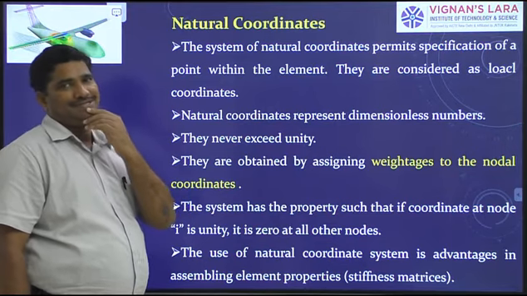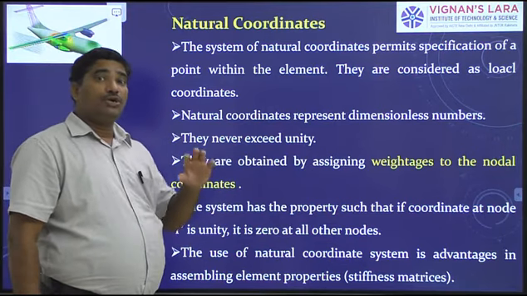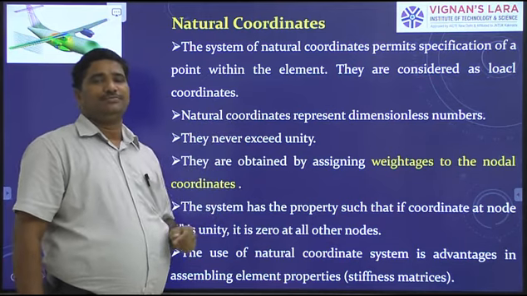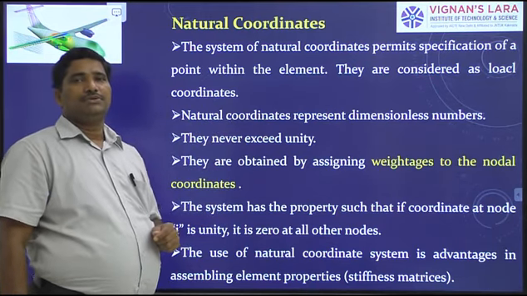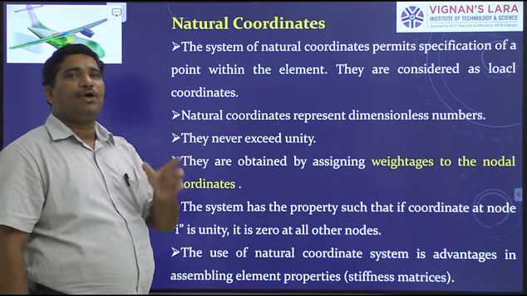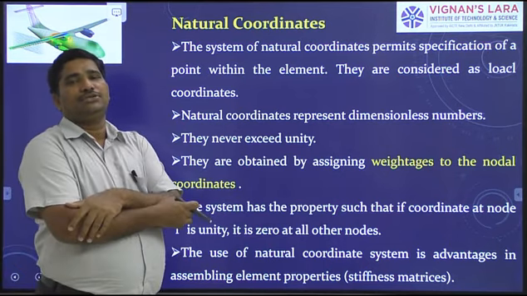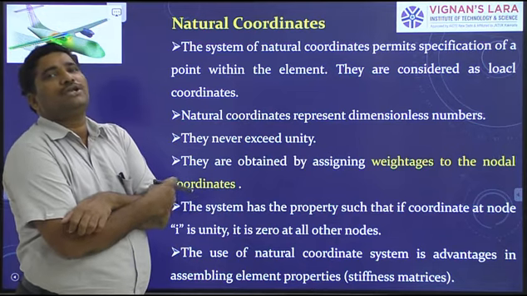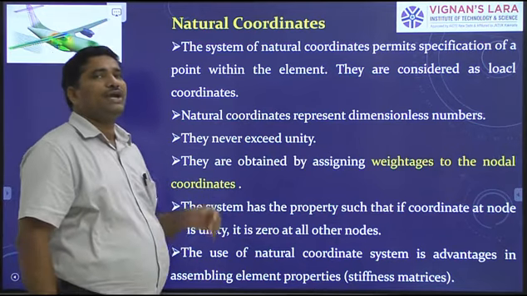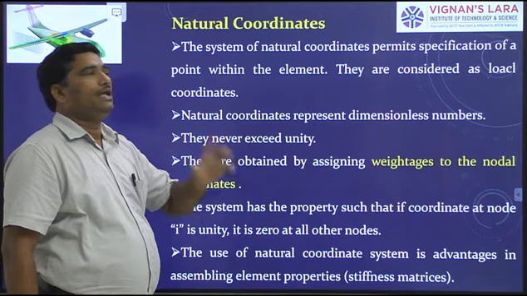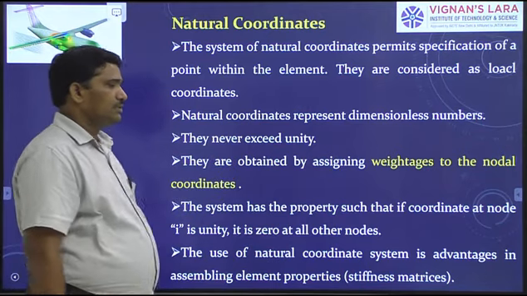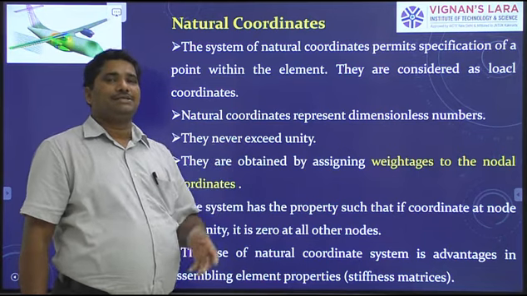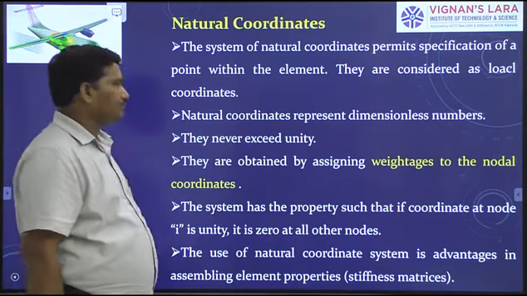Using local coordinates also we can specify a point on the element. We can also use natural coordinates to specify a point on the element. Therefore, natural coordinates can be considered as local coordinates.